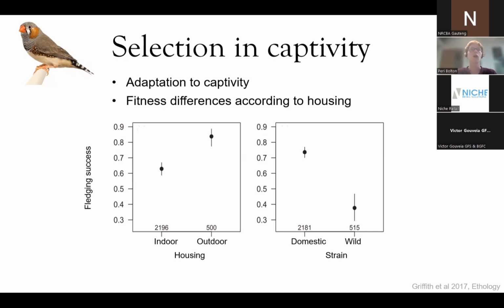But there's no such thing as a single gene for, say, courtship or anything like that, but we do hope that this whole genome study will be able to find genes that might be involved in regulating breeding.